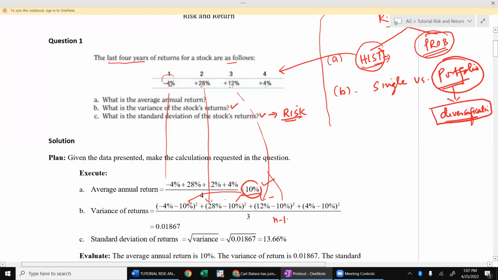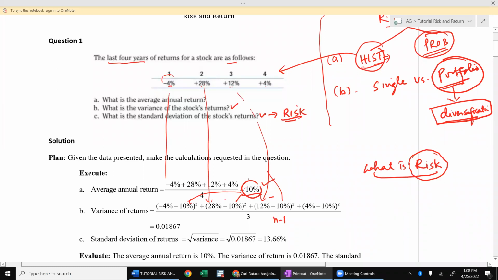If I ask you what is risk, what do you say? You remember that in my lecture I had already explained what it means when we define risk. Can anyone tell me what risk is? Can you identify what the risk is here in this question?